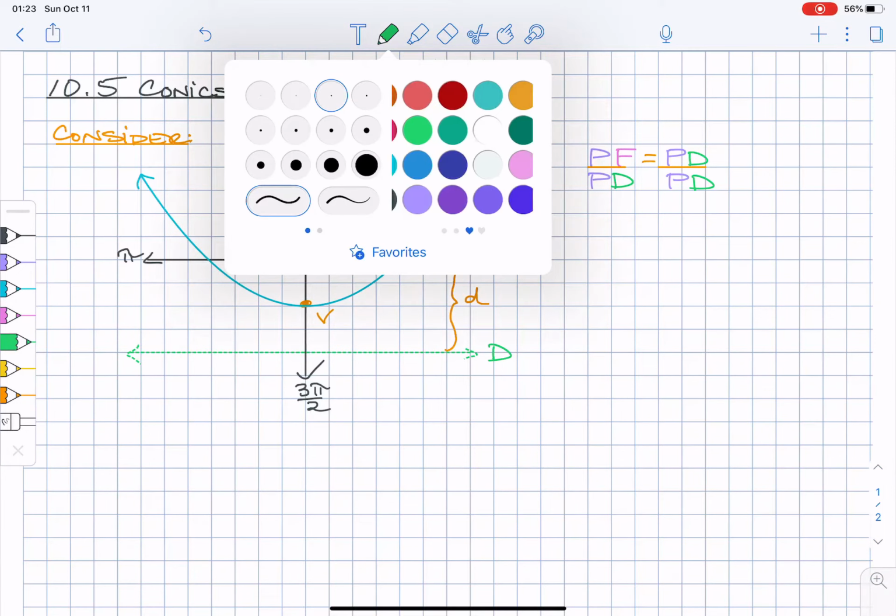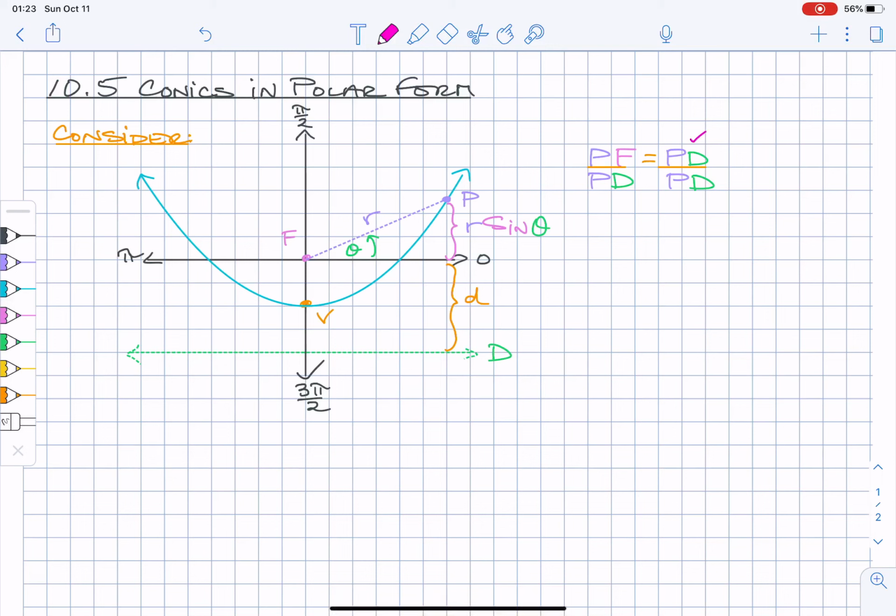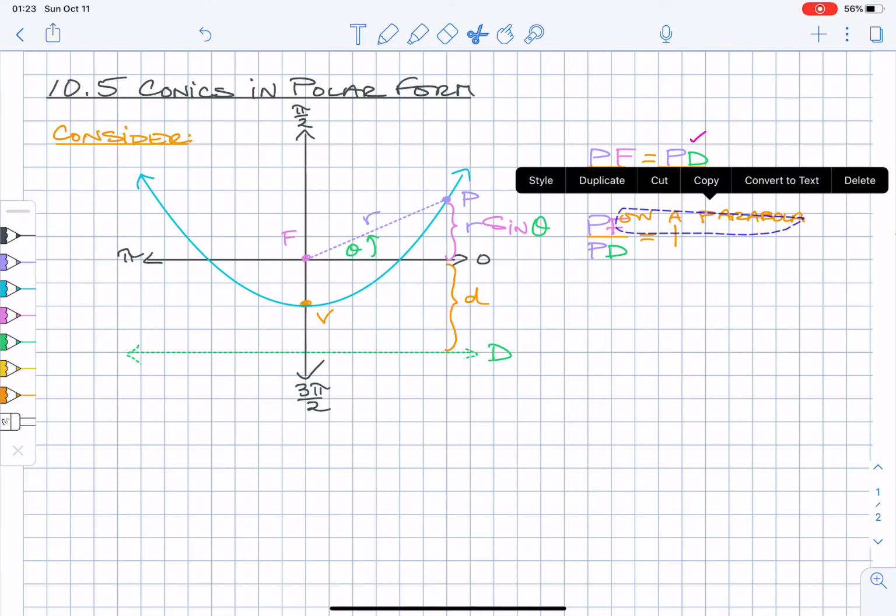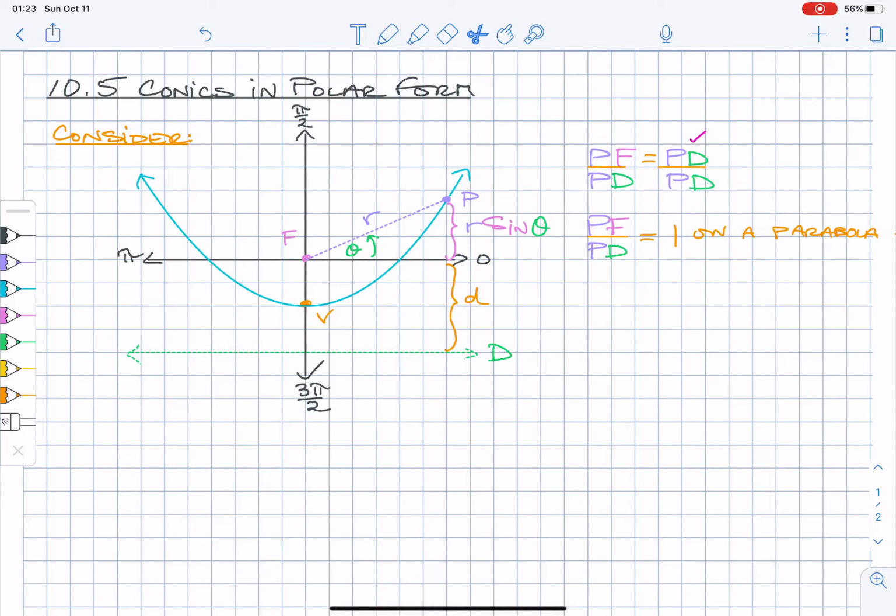Because I would be reducing on the right-hand side. So the distance from the point to the focus divided by the distance from the point to the directrix would be equal to 1 on a parabola. Because they're equal, just divide both sides and we get 1.